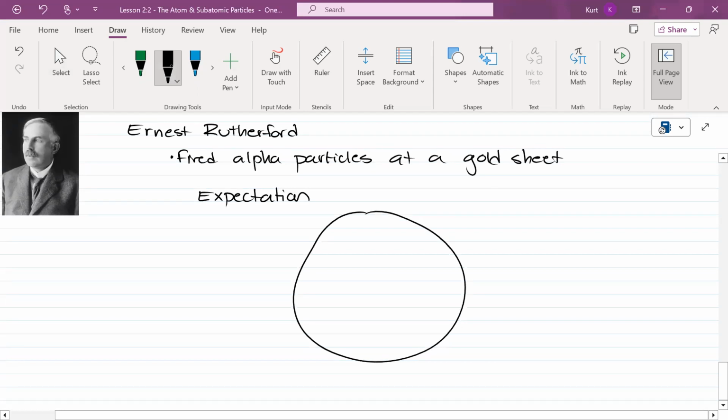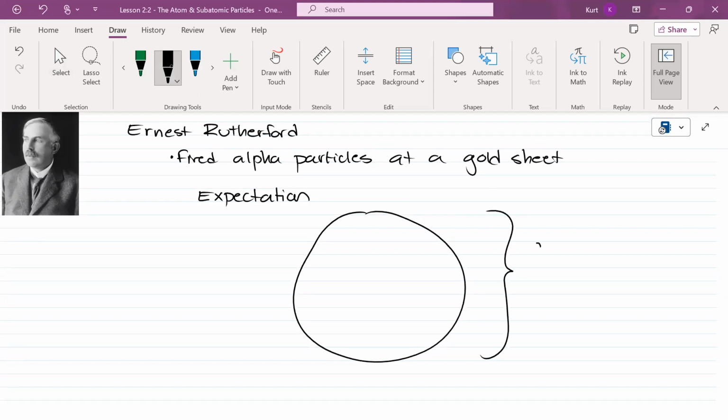This is a gold atom. Gold sheets are obviously made up of gold atoms, right? What are these randomly scattered dots that are all throughout an atom at the time that they thought this was real? These are electrons. Okay.